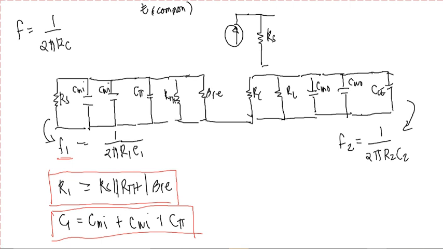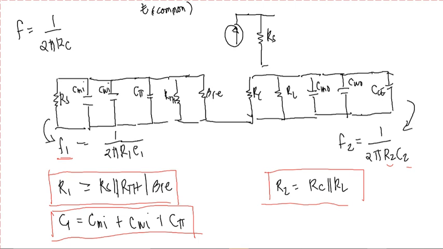For next, we have R2 and C2. We need to consider the same process here. For your R2, there are only two resistors, so we have RC parallel RL. So automatically this will be your formula for R2.